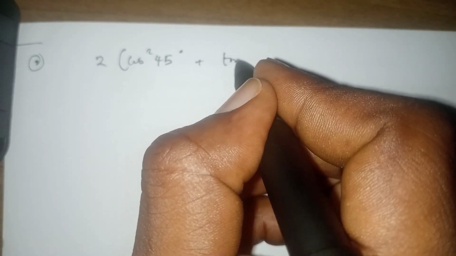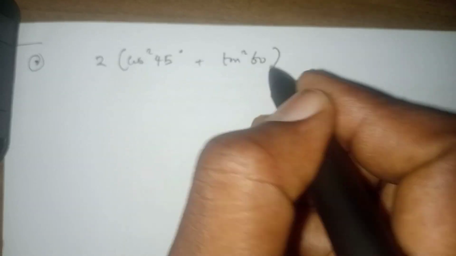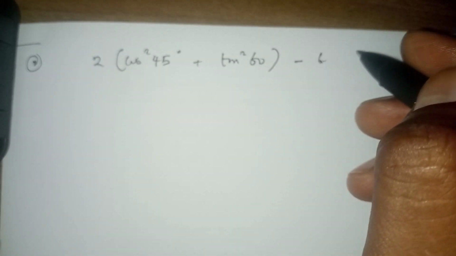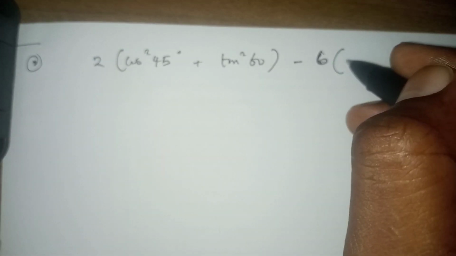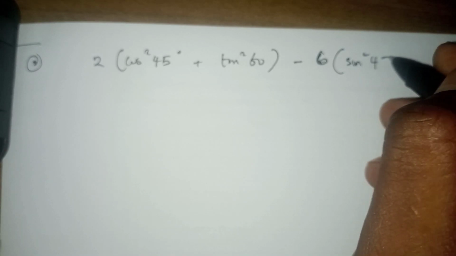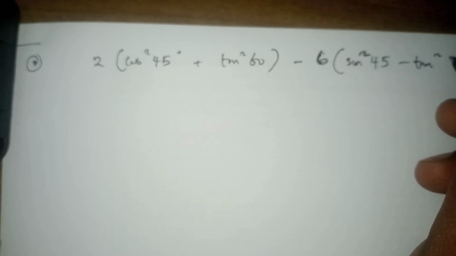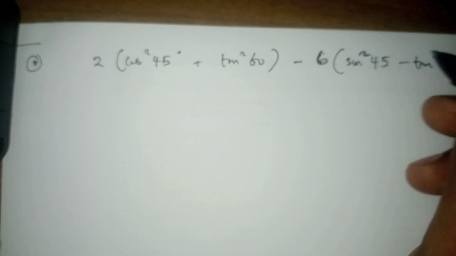We have 2 into bracket cos square 45 degrees plus tan square 60 degrees, minus 6 into sine square 45 degrees minus tan square 30 degrees.